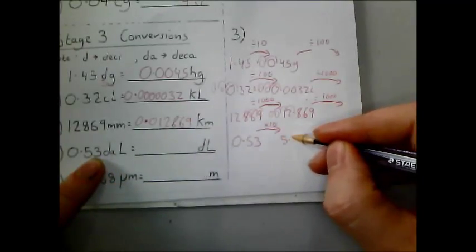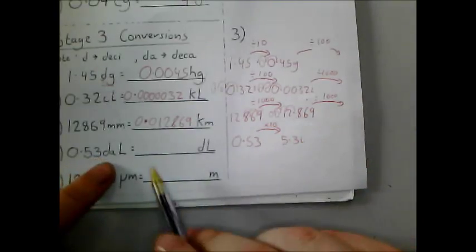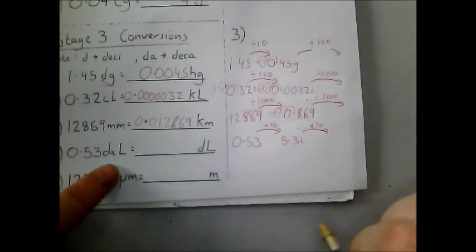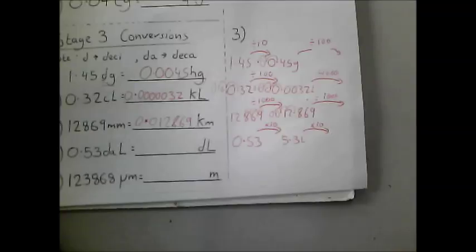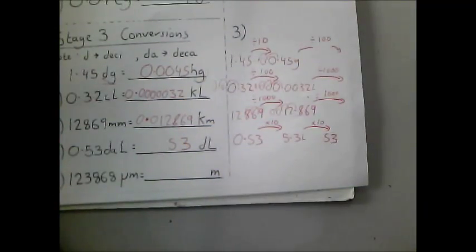So that's going to be 5.3 litres. And now I'm going from a normal litre to a decilitre. There are 10 decilitres in a litre, so I multiply by 10, and I'm going to get 53 decilitres. And I apologise if I might have said one of those wrong units in there.